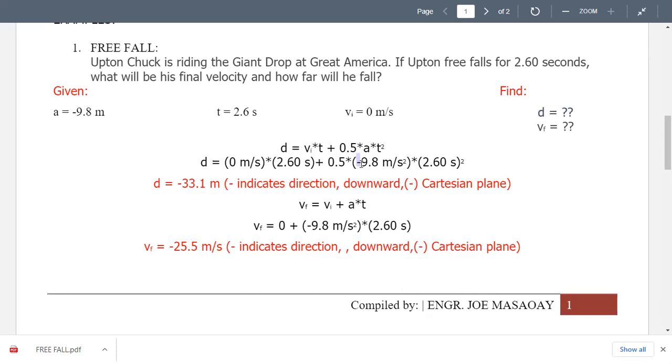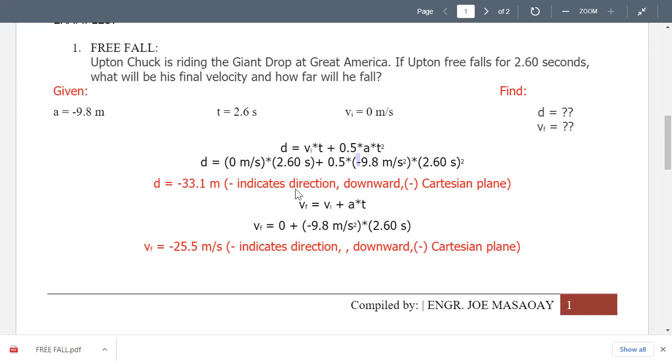This is negative because it is falling. Multiply it with the given time at 2.60 seconds quantity squared. That gives us your distance at negative 33.1 meters. This is negative because he fell downwards.